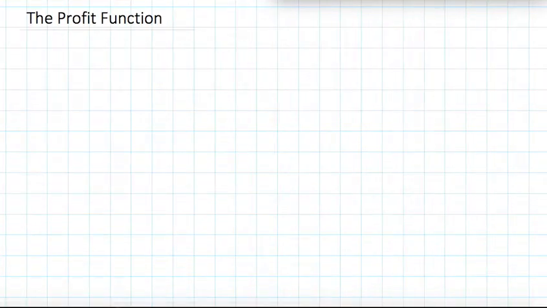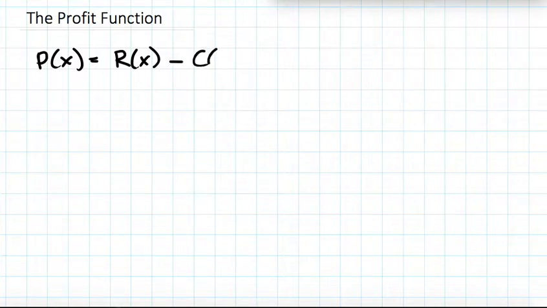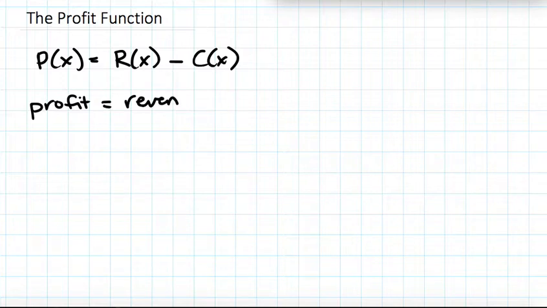Next, we're going to talk about the profit function. Profit is calculated by subtracting costs from revenue. So you take the money that your business has coming in, you subtract the money that you're spending to make your products or whatever it is, that'll give you the leftover money, which will be the profit.